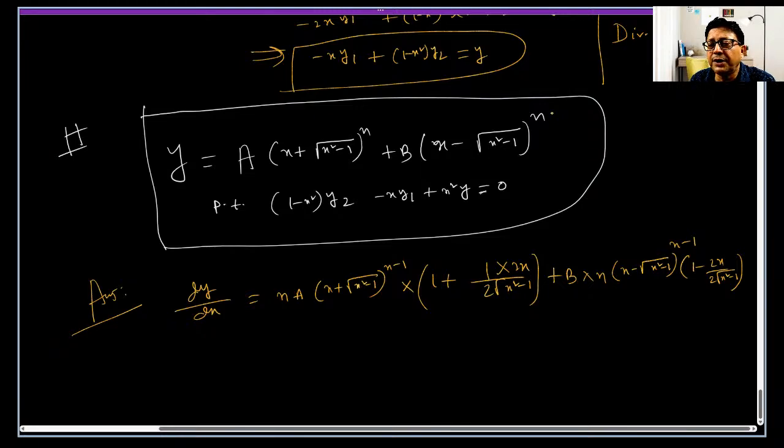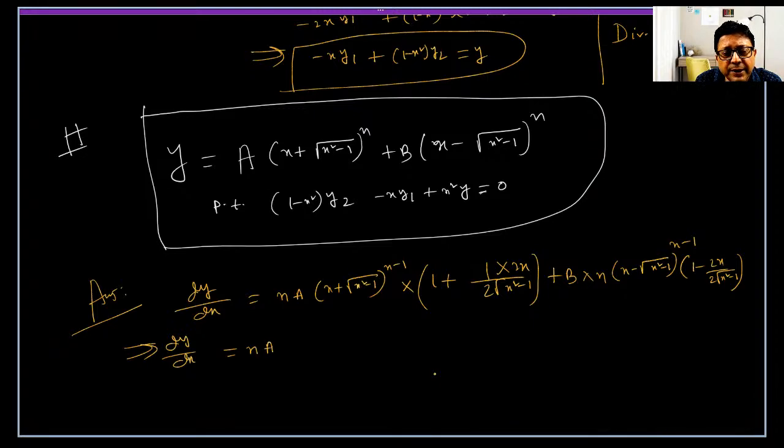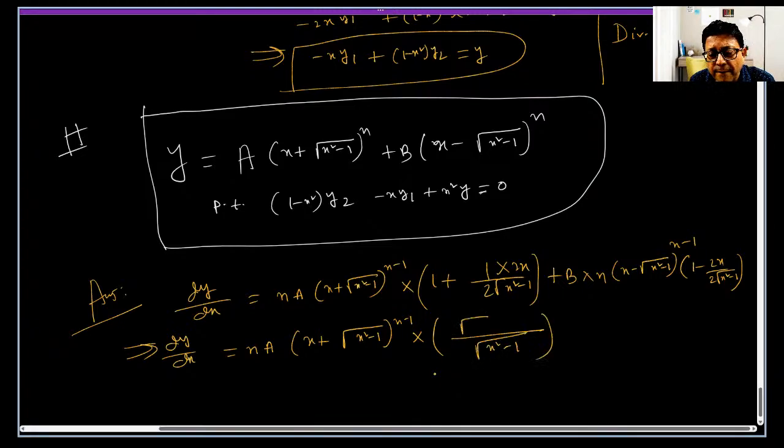I haven't done anything new. The derivative we have done in today's class only, this type. Therefore, dy by dx will be na into x plus root x square minus 1 to the power n into root x square minus 1 plus x over root x square minus 1, and here the 2 gets cancelled.